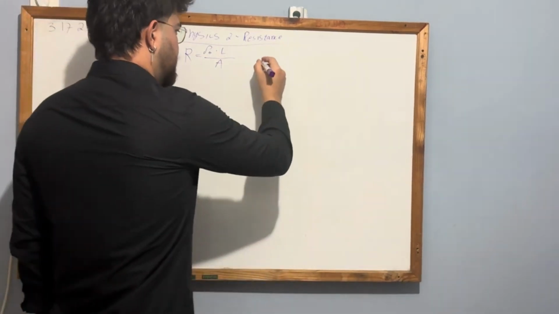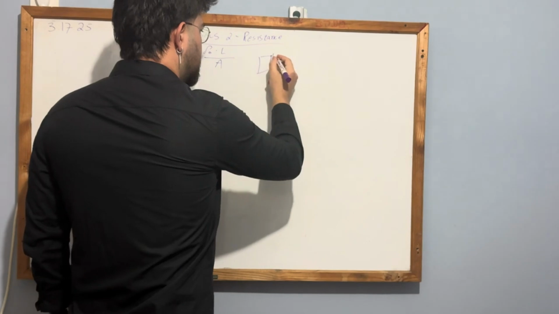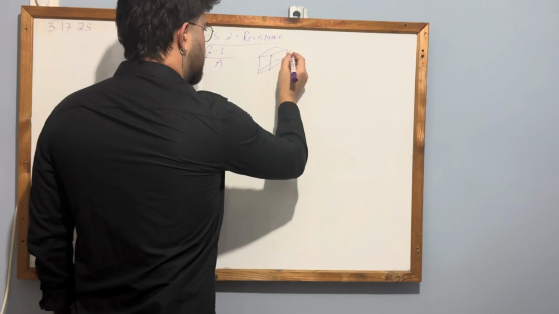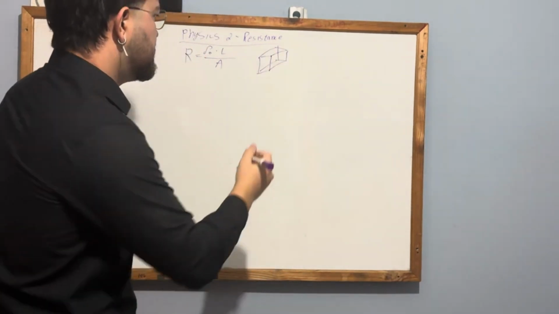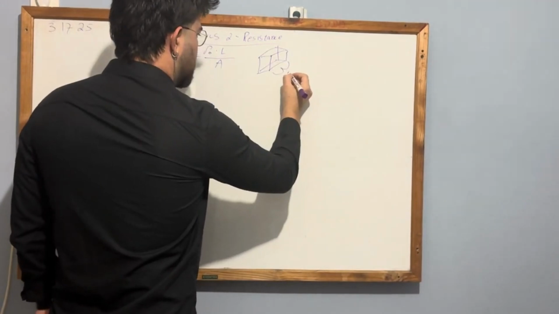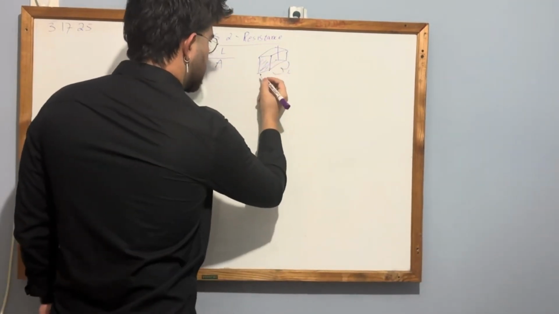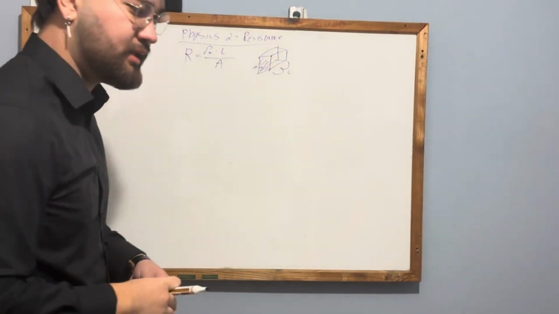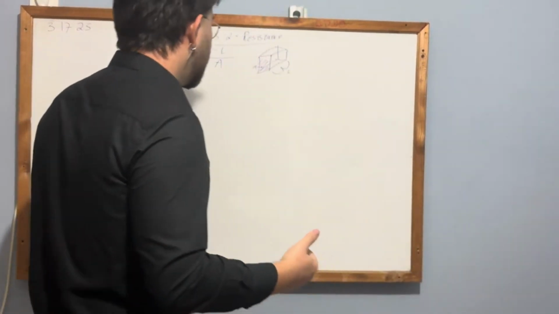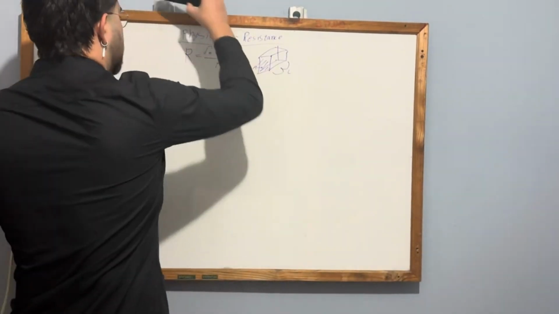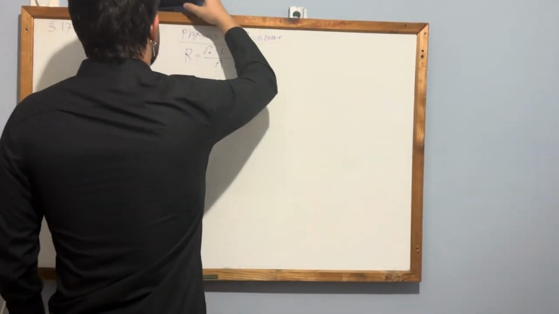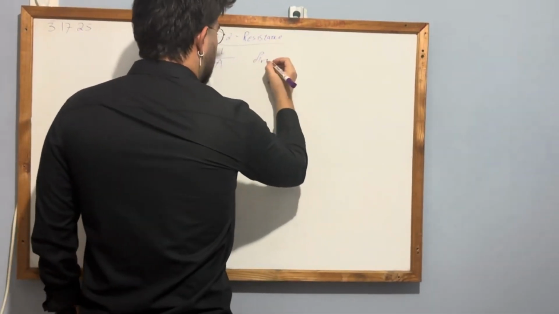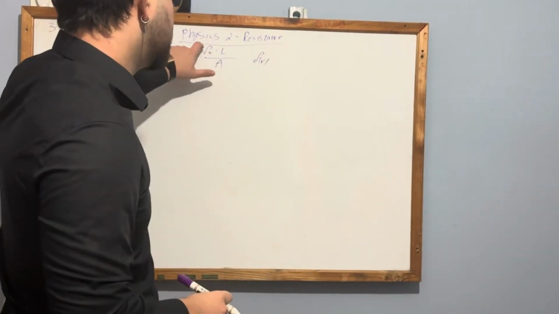If we have a resistor that's built like this, a square resistor, this would be the length, and this would be the surface area, A. And rho 0 is a constant of the material. Let's say we have copper. Its rho would be a little bit different. It wouldn't be that rho 0.